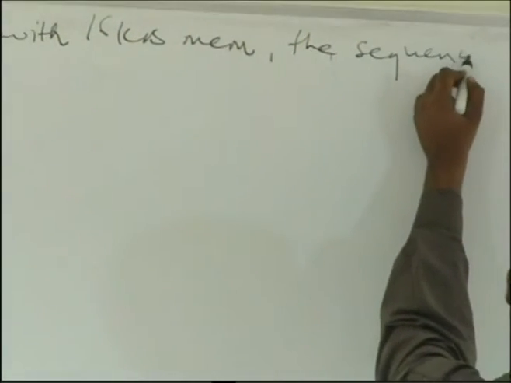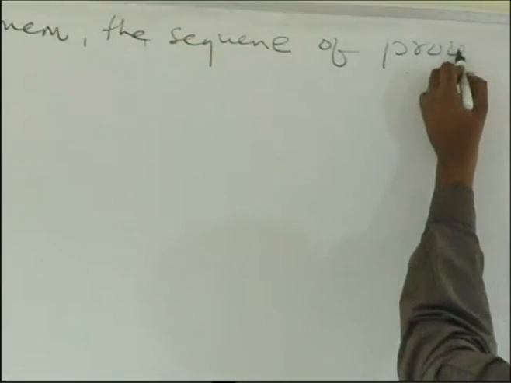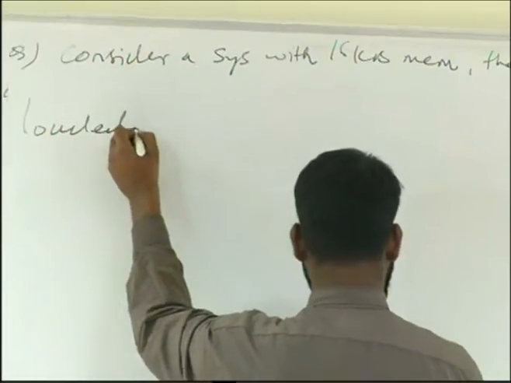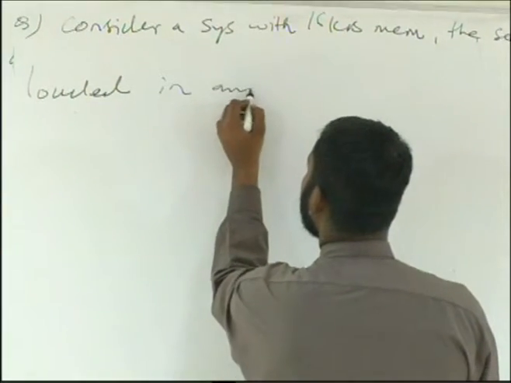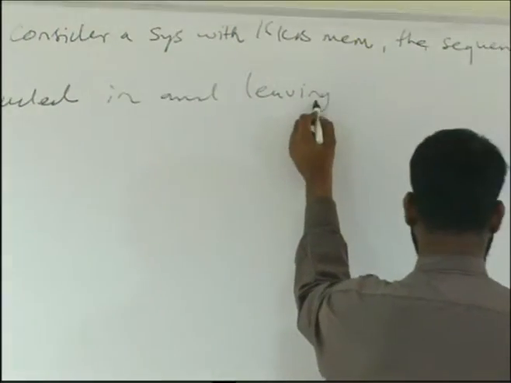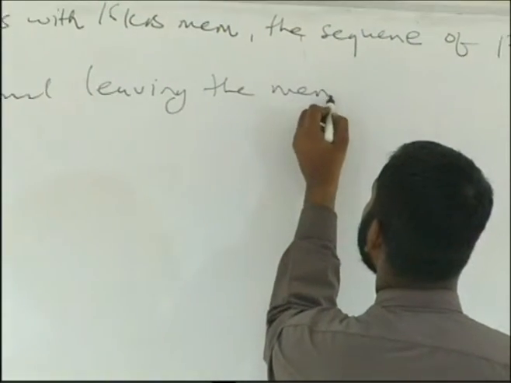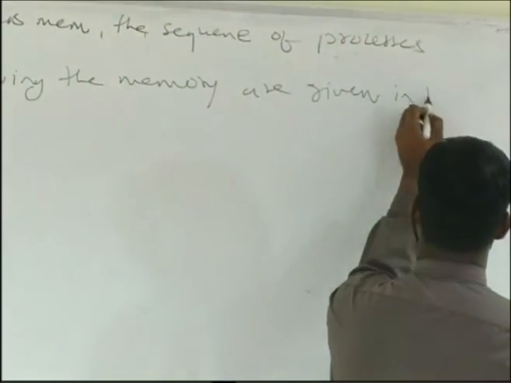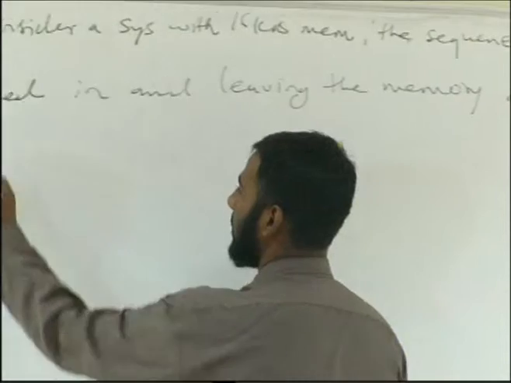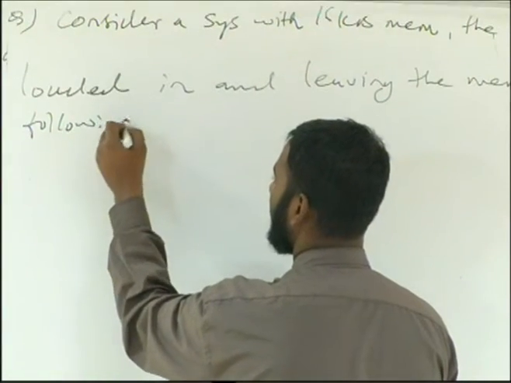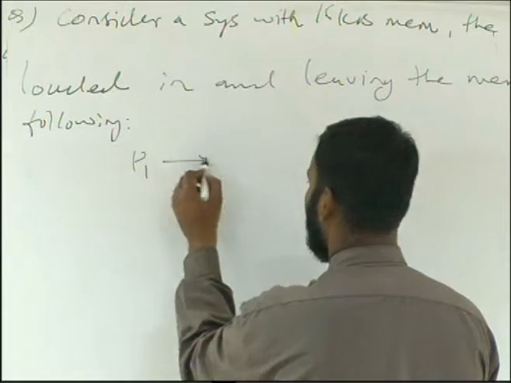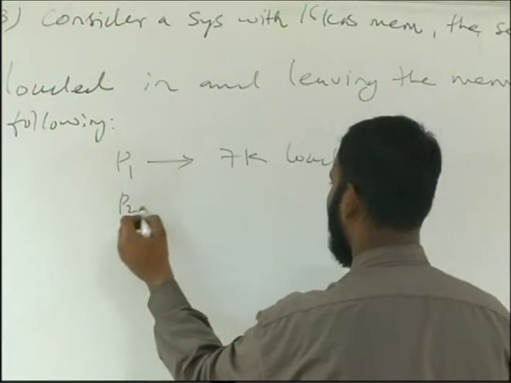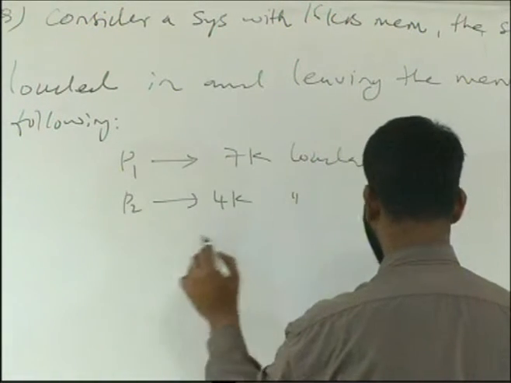The sequence of processes loaded in and leaving the memory are given in the following table. Process P1, 7 kilobytes is loaded. Process P2, 4 kilobytes loaded.